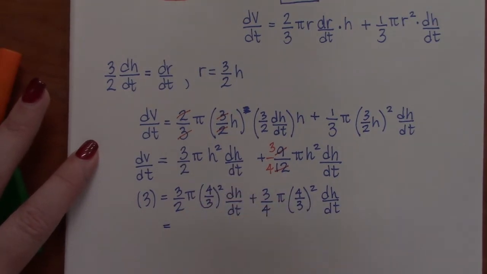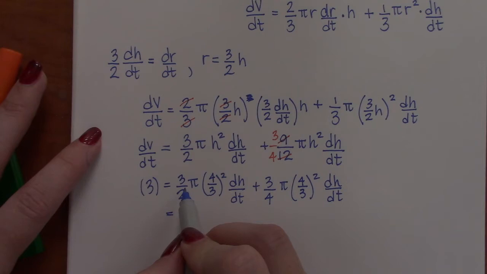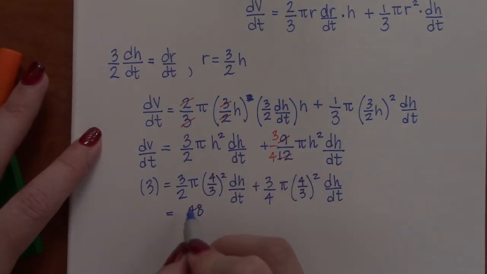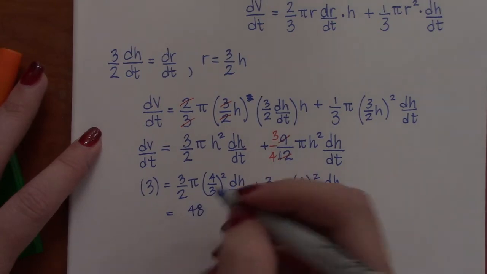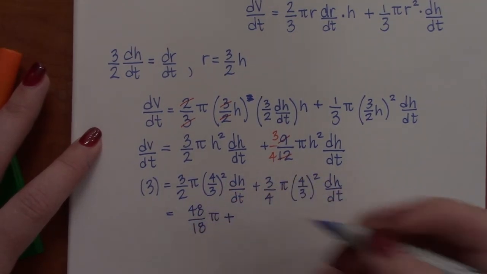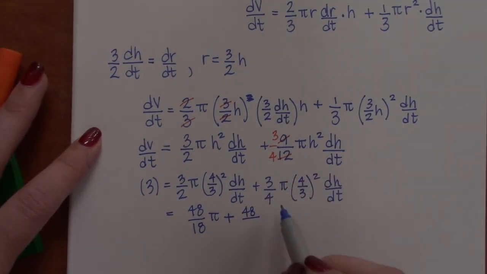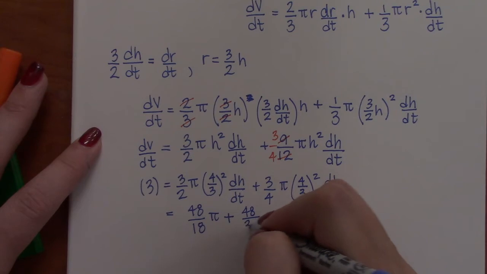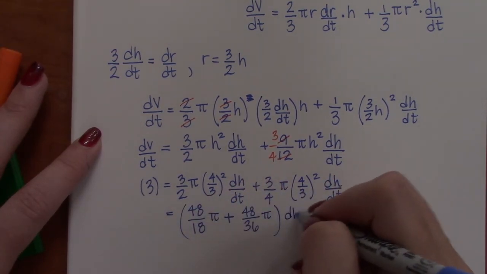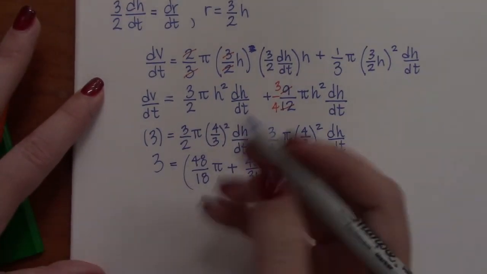I can factor a dh dt out on the right, and so I'm going to have 3 times 16 is 48, 2 times 9 is 18 pi, plus 3 times 16 is 48, 4 times 9 is 36 pi times dh dt, and then you just divide.